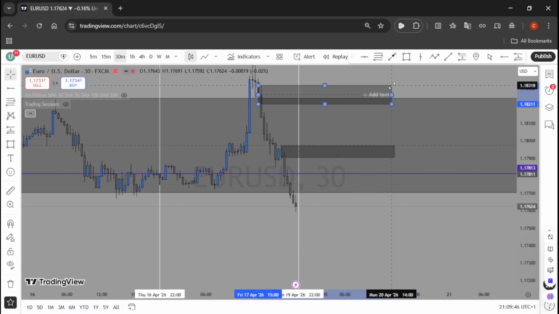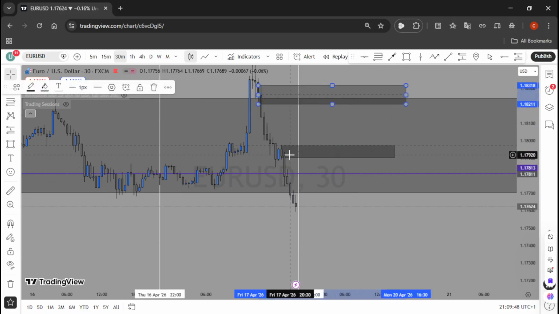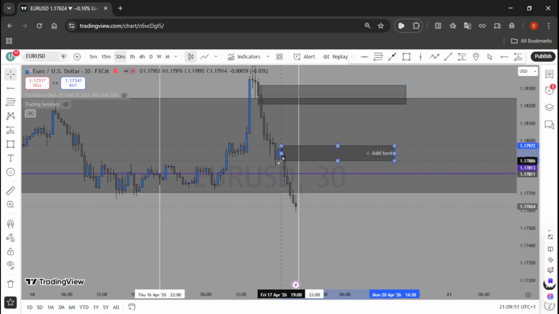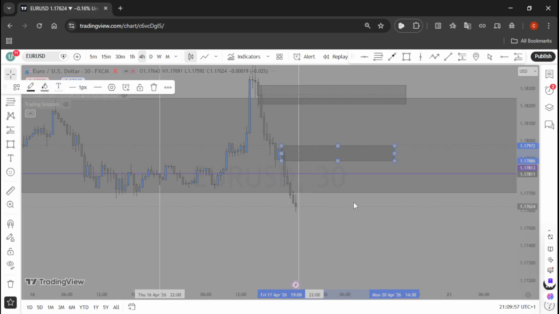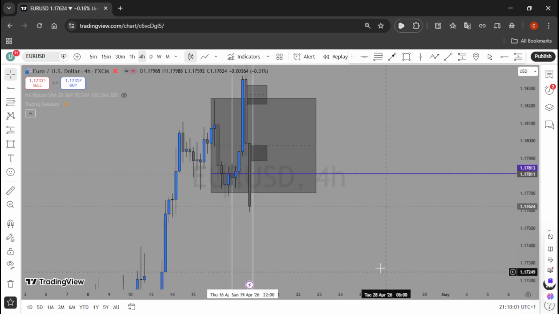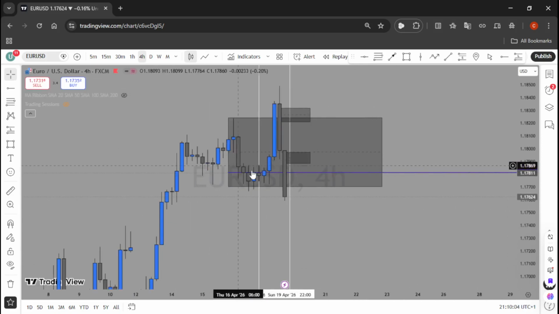So this is what we have here. We have the impulsive moves from here, here, and now let's look at the 4 hour. So we see this actually correlates with here.